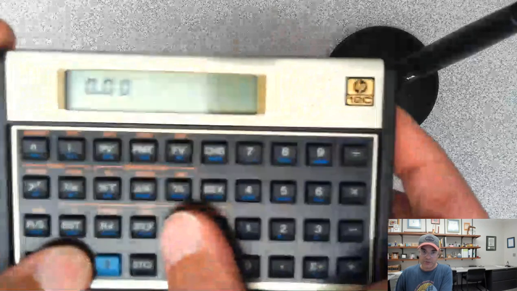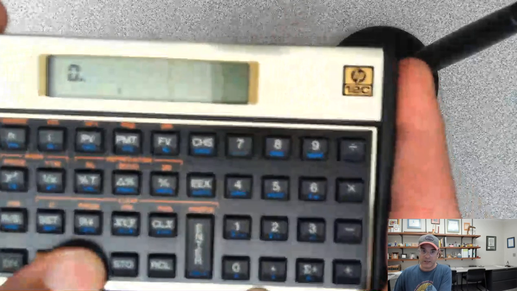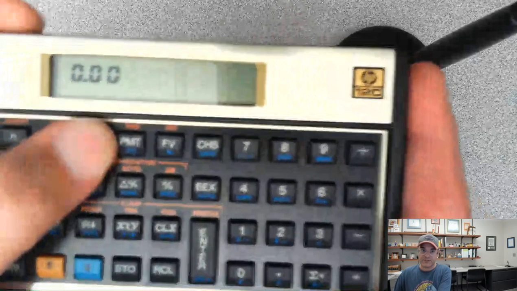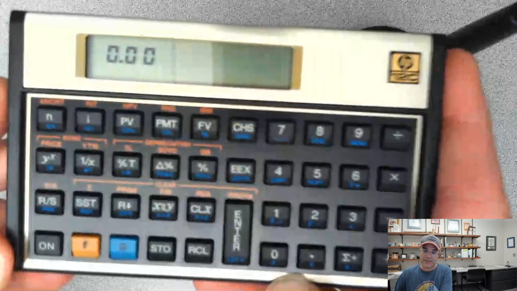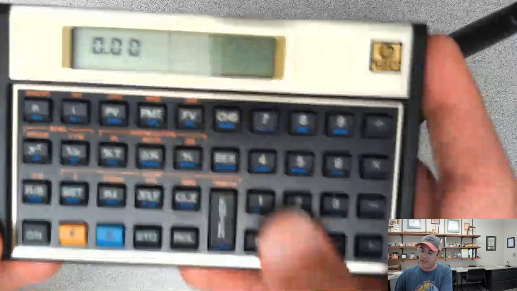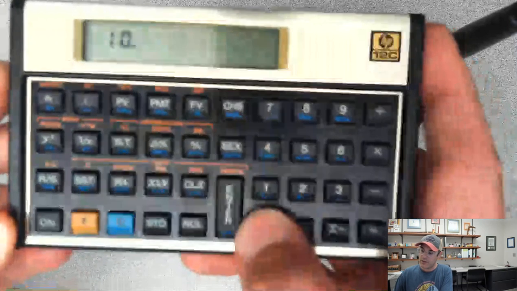I'm going to clear it again and start from scratch and put it a little closer so you can see. The first thing that we did was we pressed 0 and then the blue key and CF0, because there's not a cash flow at time period 0 as represented on the timeline. Then we're going to press 100, blue, cash flow 1.